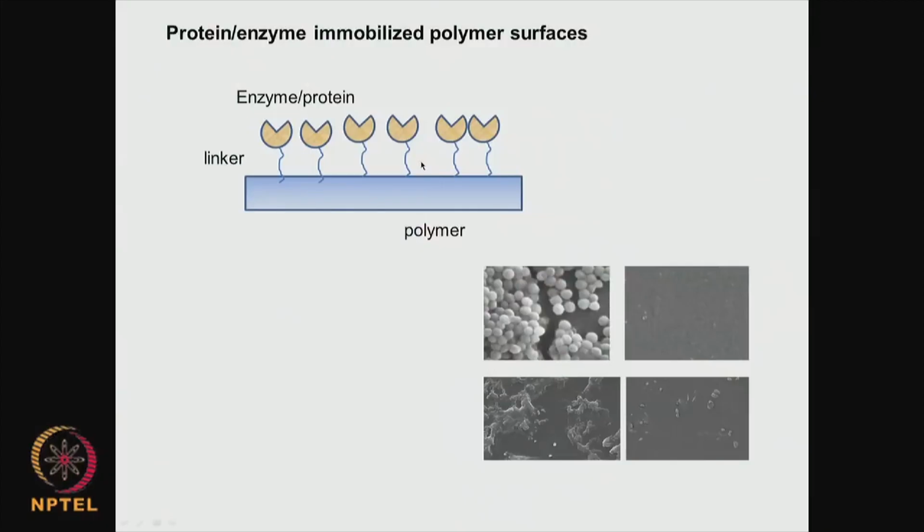So, we looked at so many different examples where I talked about slow releasing of iodine, which can prevent bacterial attachment. Then I talked about immobilizing a protein or an enzyme which can act as an antibacterial. It can kill both the gram positive and gram negative bacteria, because for example, papain acts on both the amide bond as well as the ester bond.